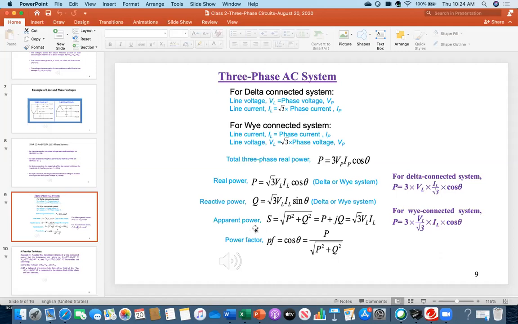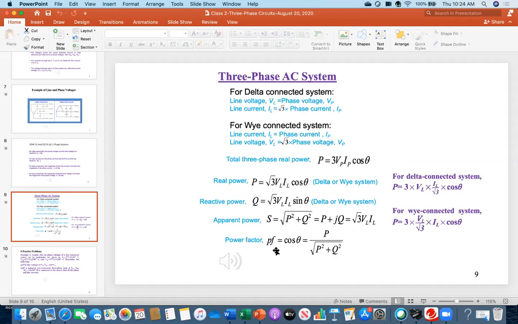Then the apparent power: if you remember the power triangle, I will show you soon. S is root of P squared plus Q squared, equal to P plus jQ, which is root 3 VL IL, because cos squared theta plus sin squared theta is 1. So ultimately you get root 3 VL IL. This is called the apparent power, and this is the power factor.